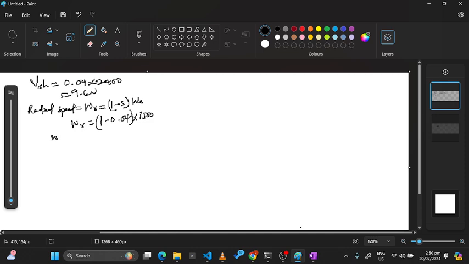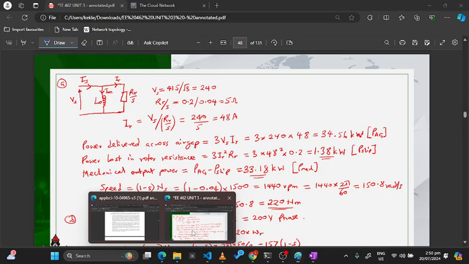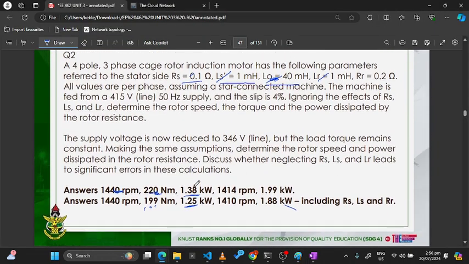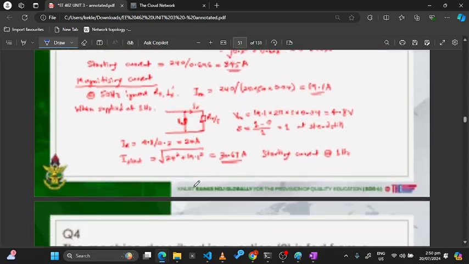Remember, so omega R is equal to 1440 RPM. That is the rated speed.